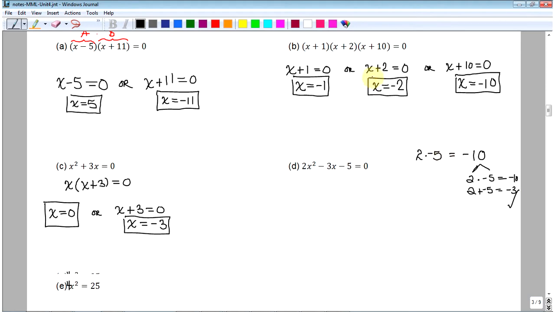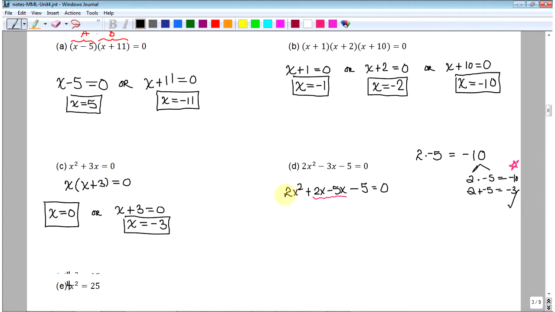Okay, so the way that we're going to use that is to rewrite our expression as 2x squared plus 2x minus 5x, because 2x minus 5x gives us that -3x, minus 5 is equal to 0. So let me just note that that came from over here.